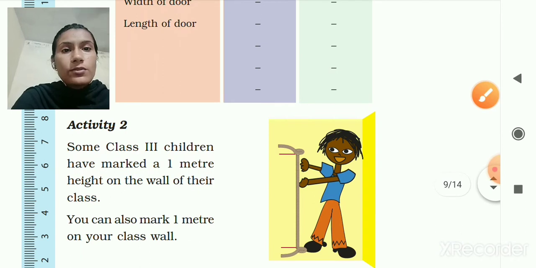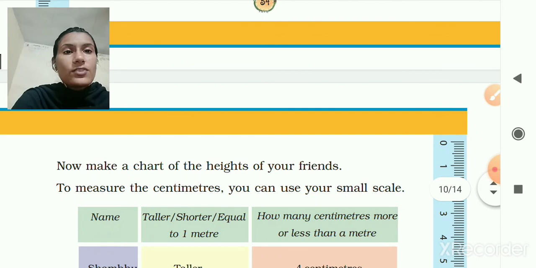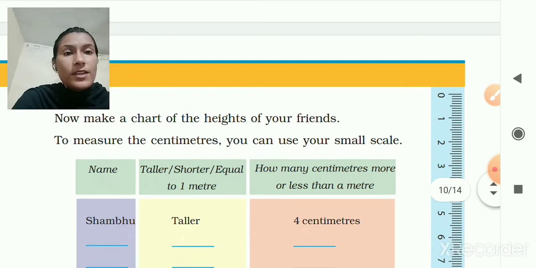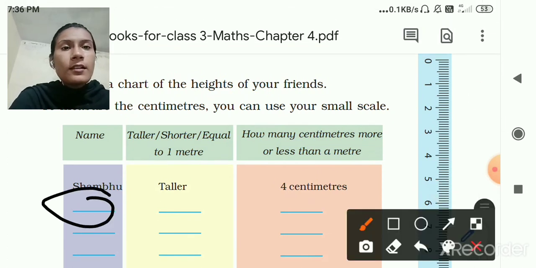Then activity 2. Some class 3 children have marked a 1 meter height on the wall of their class. You can also mark 1 meter on your class wall. Now make a chart of the heights of your friends. To measure the centimeters, you can use your small scale. Here you have to write your friend's name. If he is taller, write taller, and if shorter, write shorter.